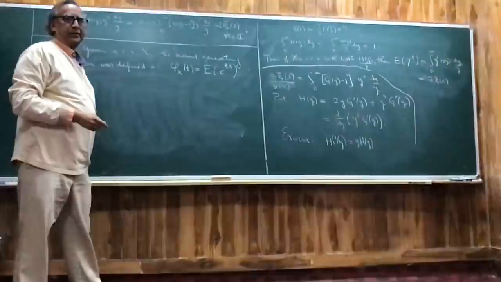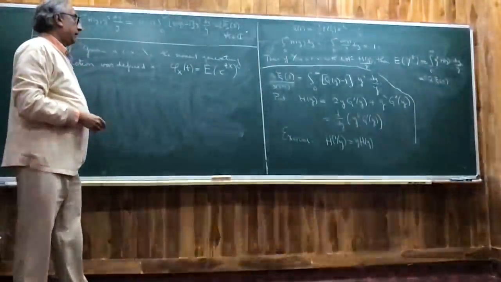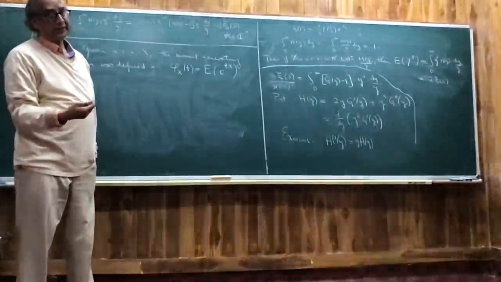So it's the definition of the moment generating function. And e to the itx was the characteristic function.